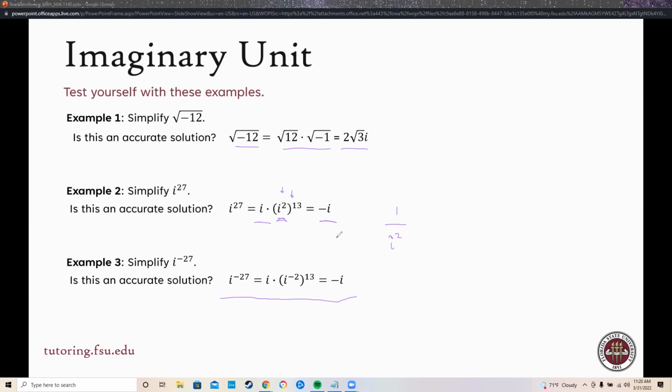So yeah, example 3, same exact process. So hopefully this gives you some understanding of how to use i. And when we move forward into doing some complex algebra, this math nuance will make sense to you.